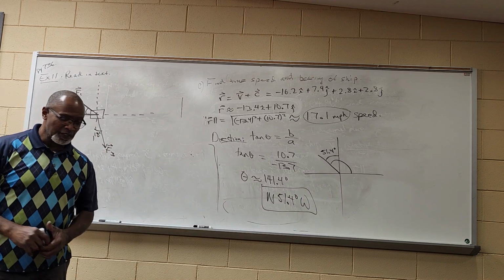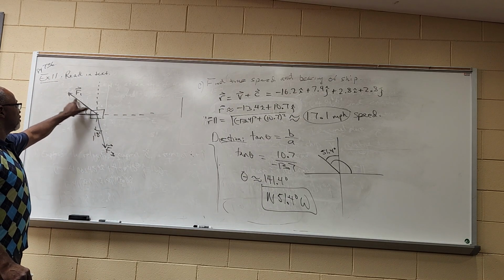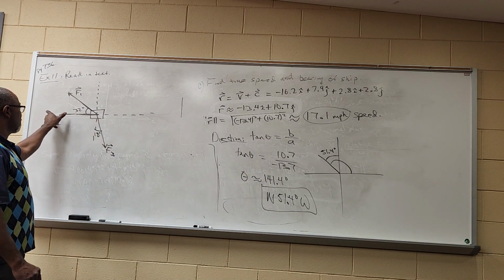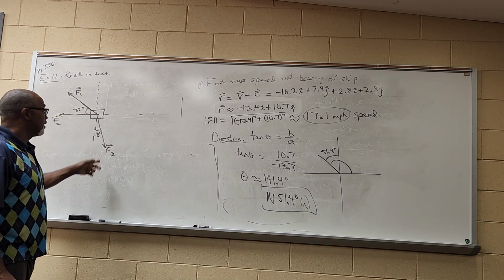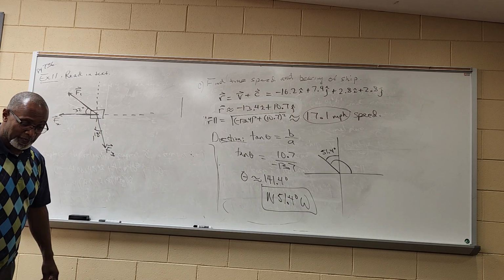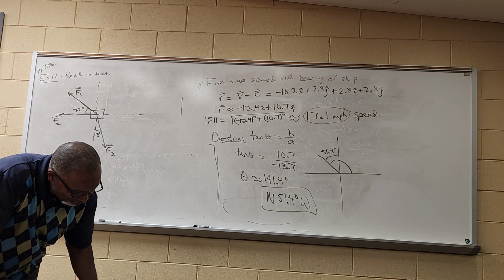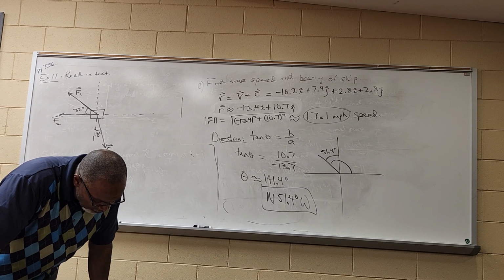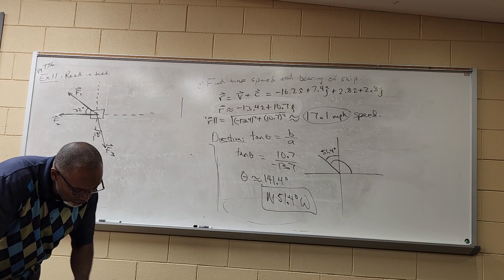So there are 3 forces acting on this object. F1 is acting here at an angle of 32 degrees from the horizontal. There's a second force acting like this. So again, I can think of this as the x-axis, that is the y-axis. Then this third force is acting on the object at an angle of 18 degrees. So they want me to write the resultant force in terms of, and they give me the magnitudes. Magnitude of F1 is 60.